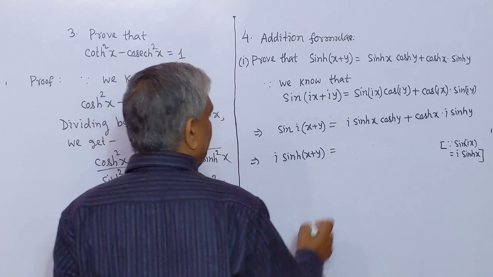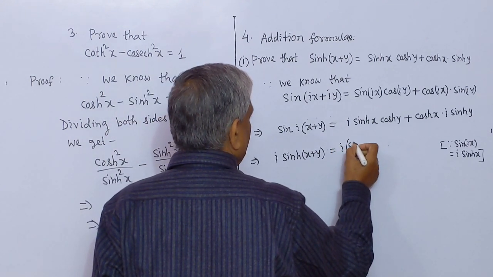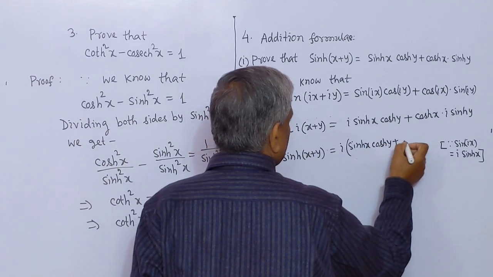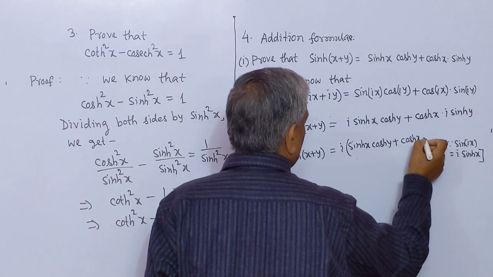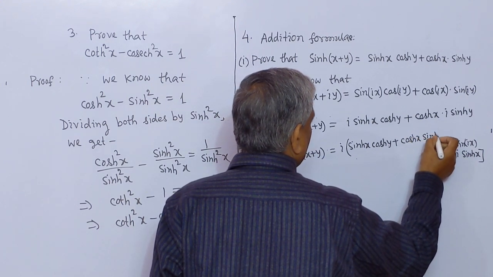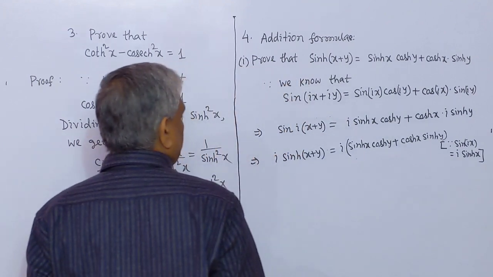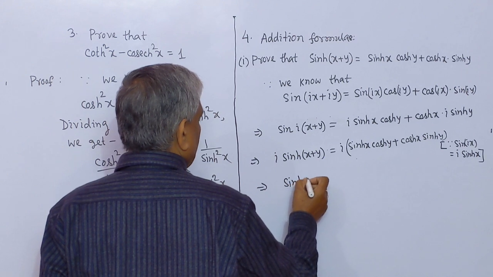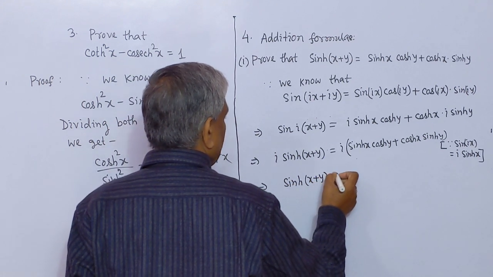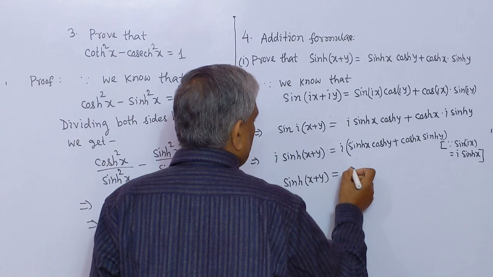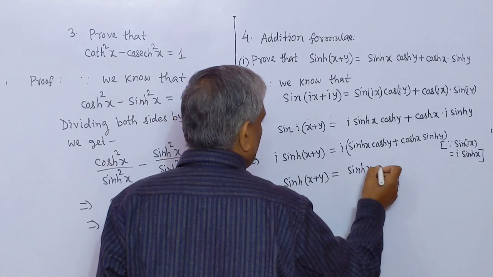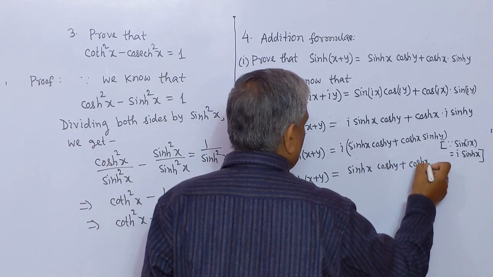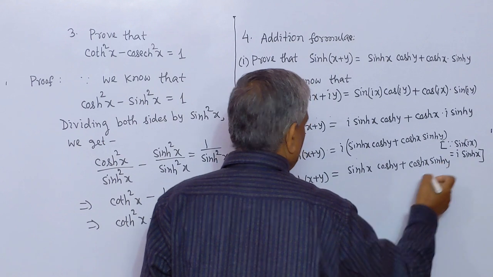Here we take common i, sinh x cosh y plus cosh x sinh y. Cancelling i on both sides, we get sinh of x plus y equal to sinh x cosh y plus cosh x sinh y, and proved.